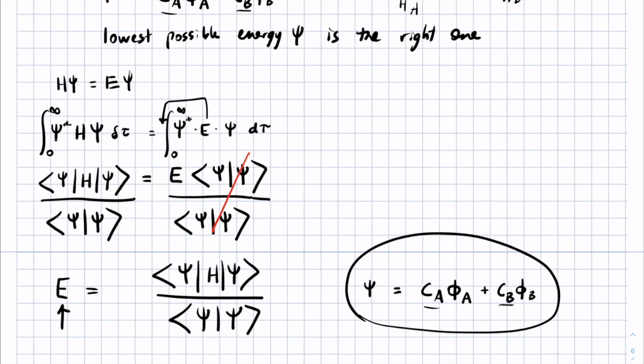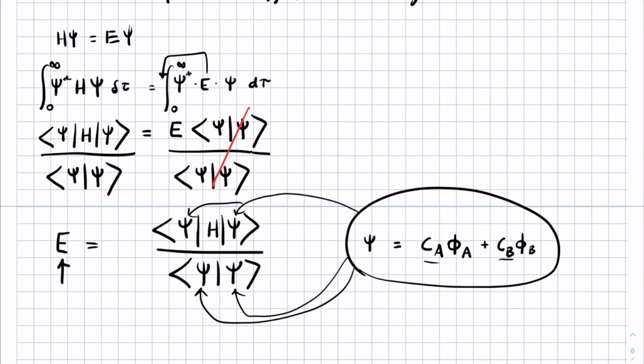What we're going to do is plug that wave function in here to get an expression for energy that depends on those coefficients. And then we're going to find the lowest possible energy. We're going to find the coefficients that give us the lowest possible energy.